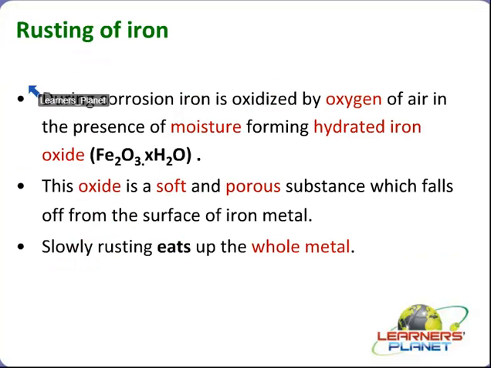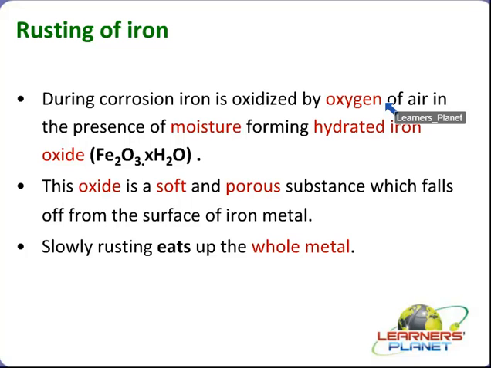Rusting of iron. During corrosion, what happens? Iron is oxidized by the oxygen of air. Oxidation, that is, addition of oxygen. It is oxidized by oxygen of air in the presence of moisture. Of course there is moisture.